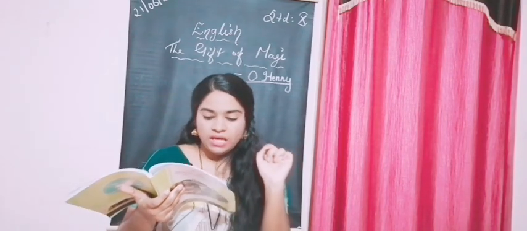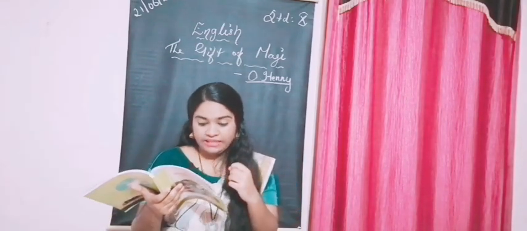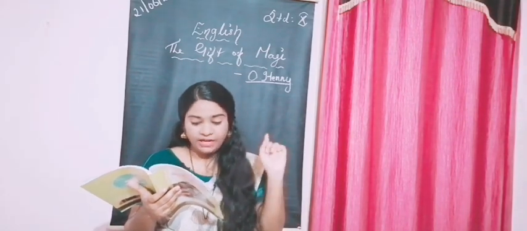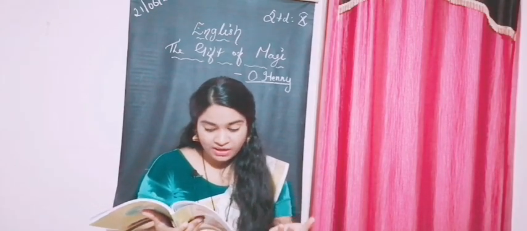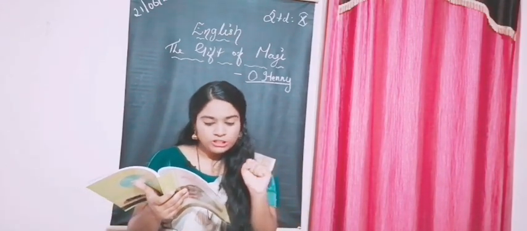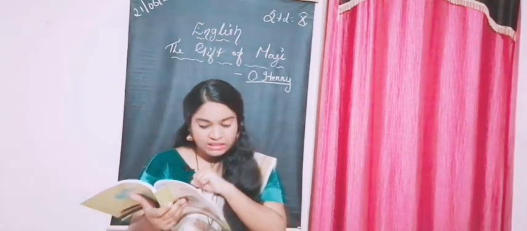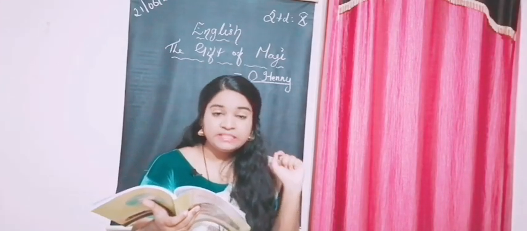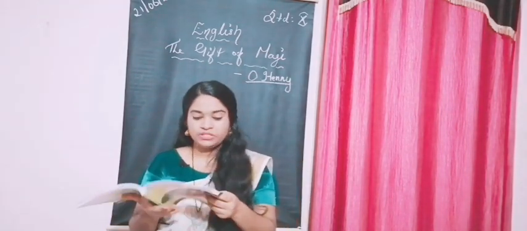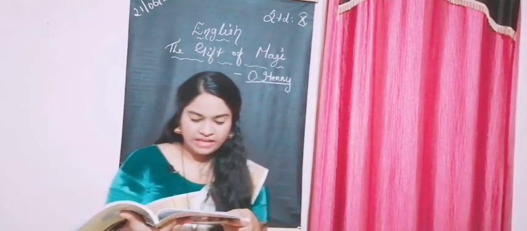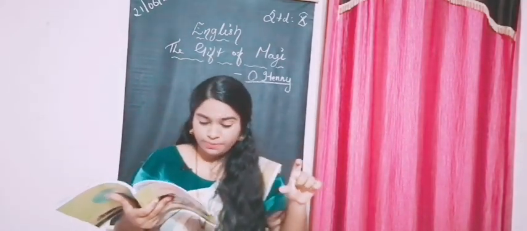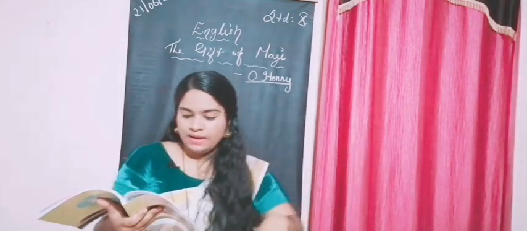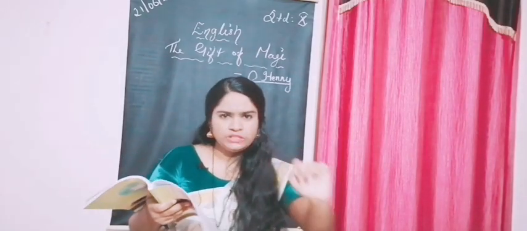It says, in the vestibule below was a letter box into which no letters would go, and an electric button from which no mortal finger could coax a ring. Also appertaining thereunto was a card bearing the name Mr. James Dillingham Young. So this is the para. Underline the word vestibule and write the meaning: it means entrance, or house entrance. Letterbox, you know, where they put the post or any letters.